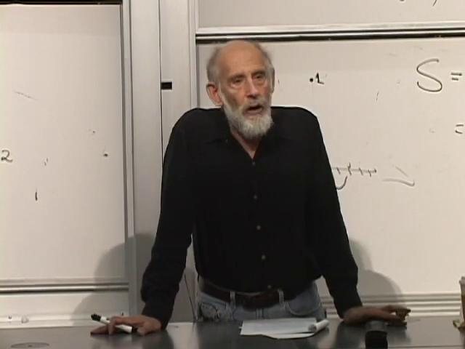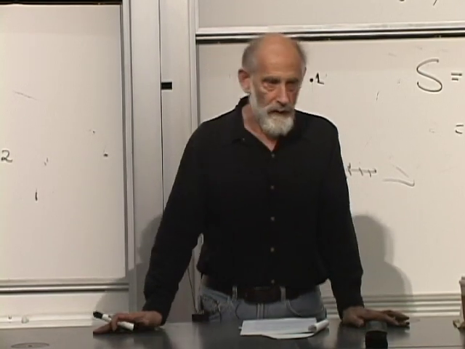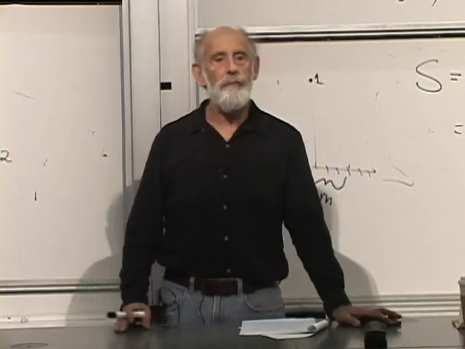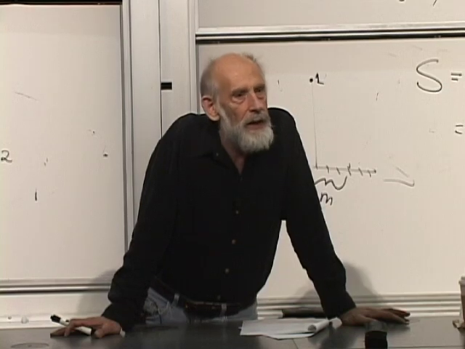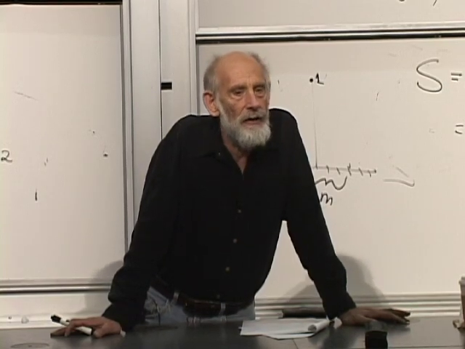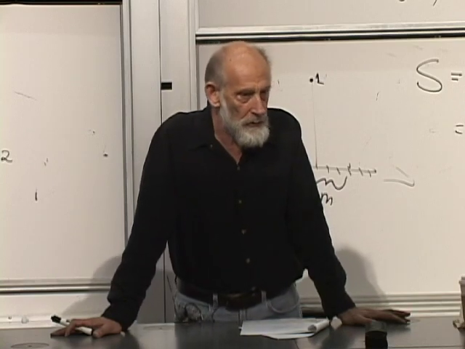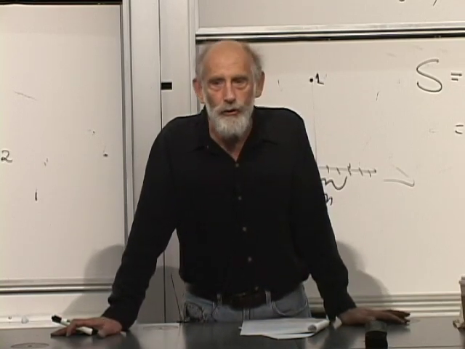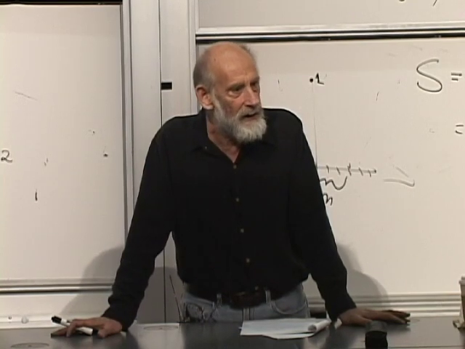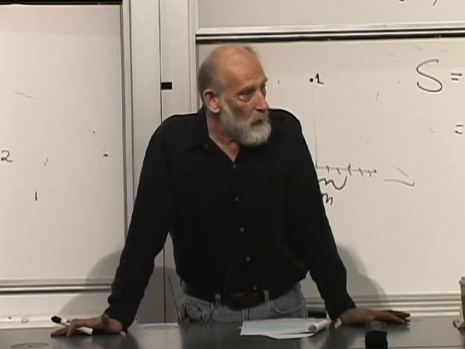Now, this is interesting. Notice that with this definition of entropy, and it is the real definition of entropy, it is not really a function of the properties of a system. It's a function not only of the system, but of your state of knowledge of the system. That sounds a little bit ridiculous, because entropy is something we're going to treat as though it were a quantity associated with the system, and we'll come to why.